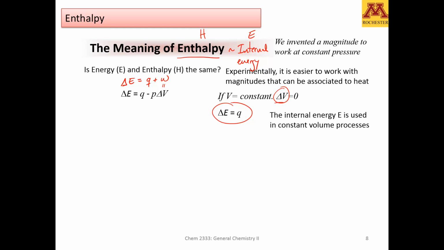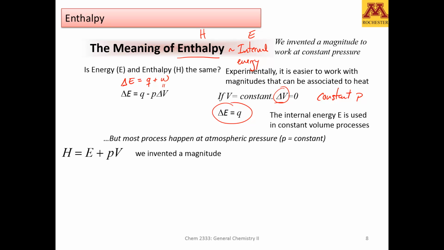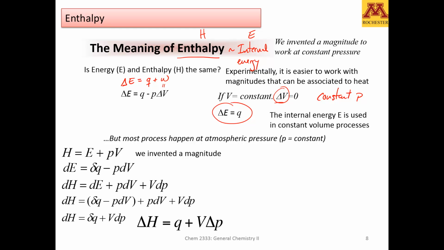That's kind of impractical when, as chemists, we work at constant pressure. We want to come up with a magnitude such that, when pressure is constant, the heat that we measure is related to the internal energy. So bear with me, we are going to come up with a new magnitude. We're going to do something called a Legendre transformation, and we take derivations here.